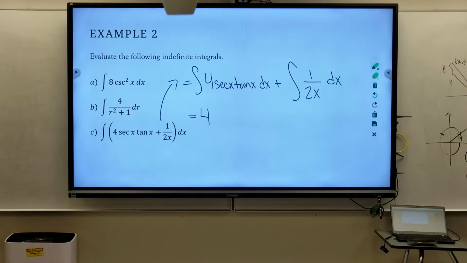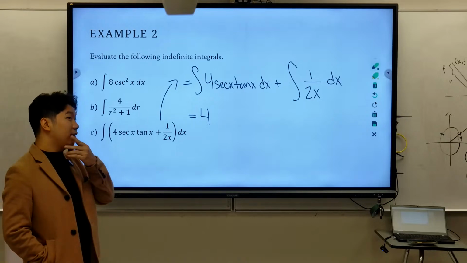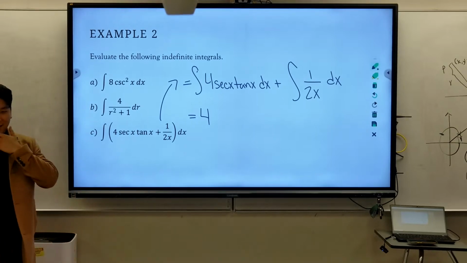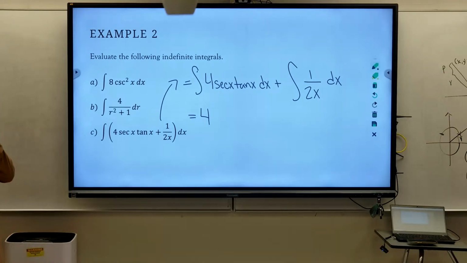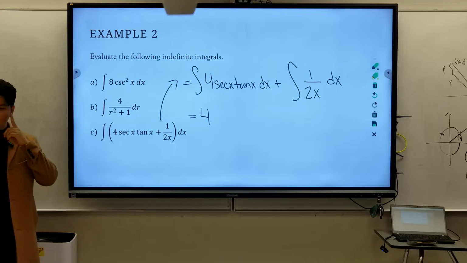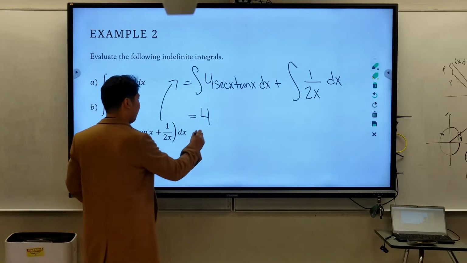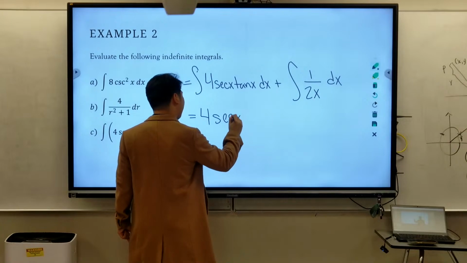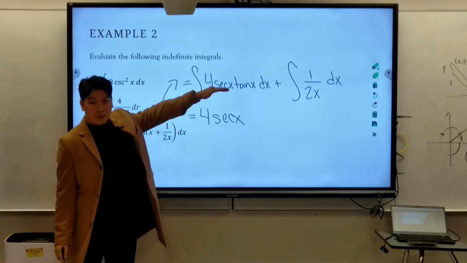Derivative of cosecant? Let's see, we know the derivative of cosecant should be negative cosecant x cotangent x. What was that? Not cosine. Derivative of cosine is negative sine. Derivative of secant, yeah. Derivative of secant x gives me secant x tangent x. Secant of x. That covers this first one.